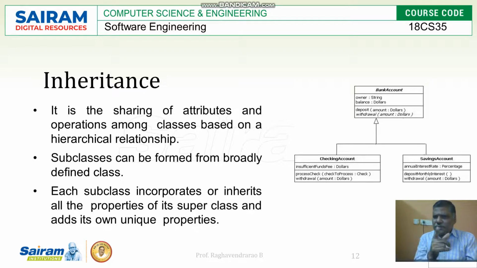In the checking account, withdrawal takes an amount in dollars, and the same amount in dollars is in the savings account. The functionality is written only once, and you can inherit it in the other child classes. You need not write the same functionality repeatedly. That is the advantage of inheritance.